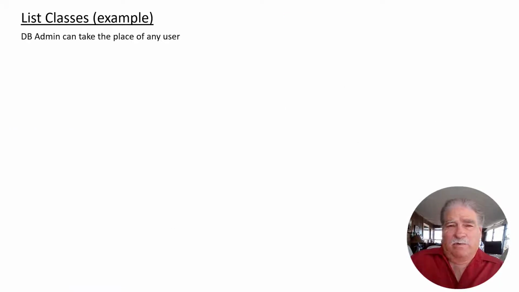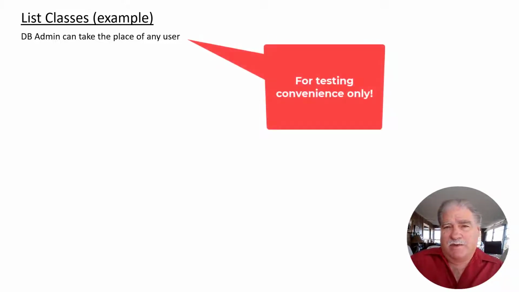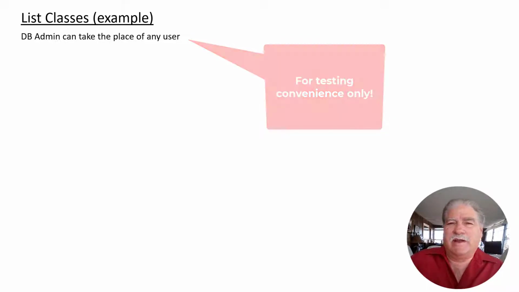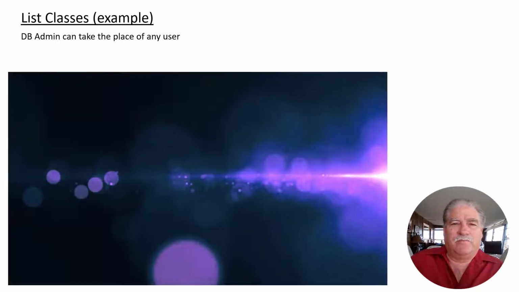To show you an example of this, this is new functionality that we put in place recently where the database administrator can essentially take on any role in the process.